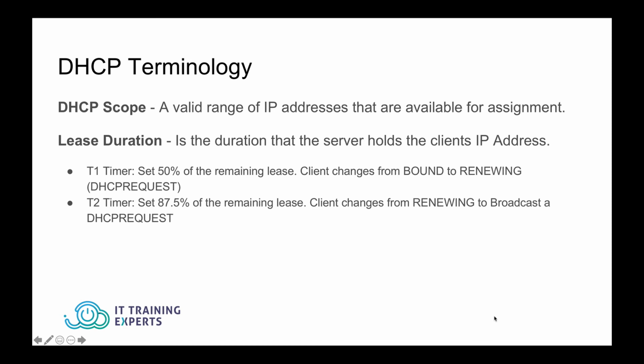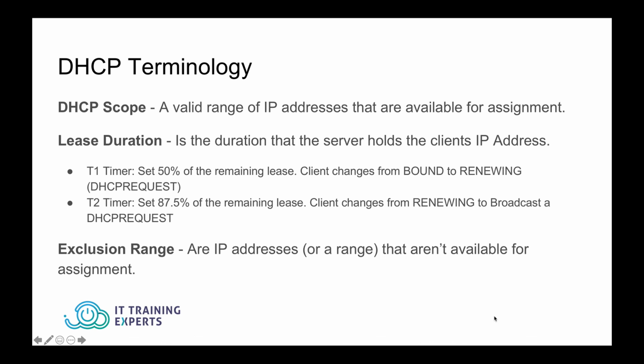And so what happens there, at about 87.5 or 88% of the remaining lease, the client goes from this renewing state to broadcasting a DHCP request. So it's in this renewing state, it's continuing to send unicast messages to the DHCP server, but once the T2 timer hits, the lease is almost done. So the client sends a broadcast, a DHCP request, out to the network, and basically says, anybody out there, I need to renew an IP address.